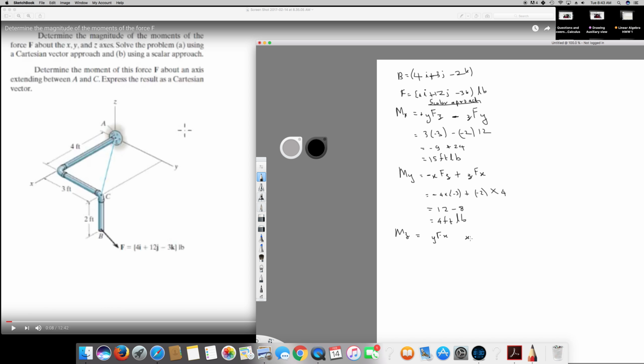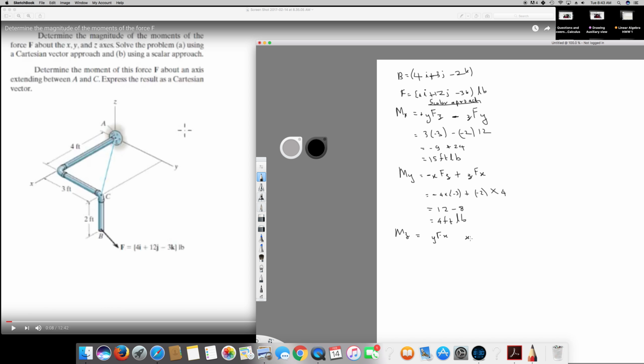4 3 minus 2, 4 12 minus 3. So now what I have to do in order to cross that, let's say this is i, j, k. I have to cross all of these values. In order to cross that, I have to copy i j again.